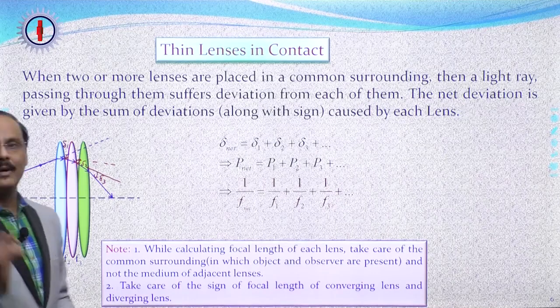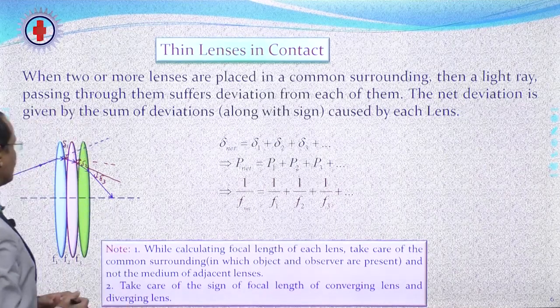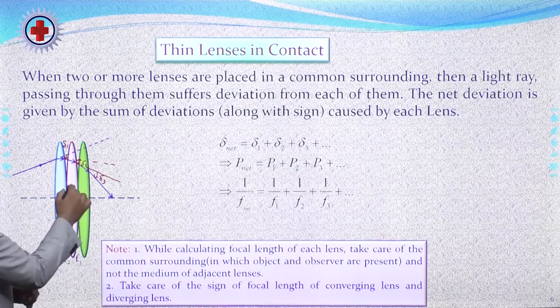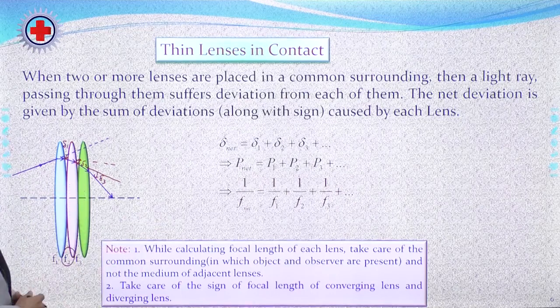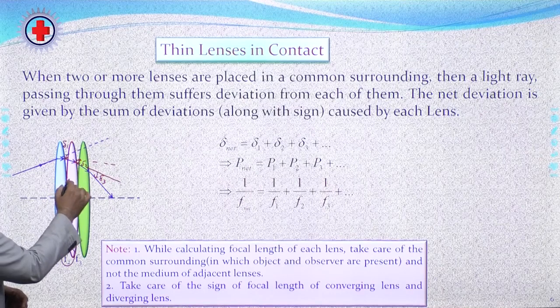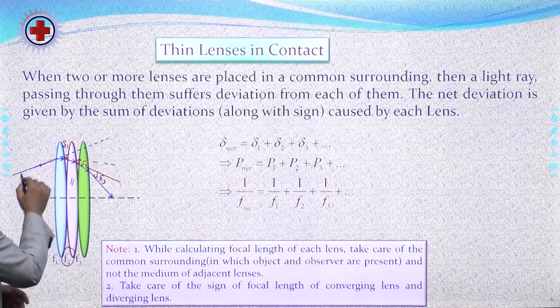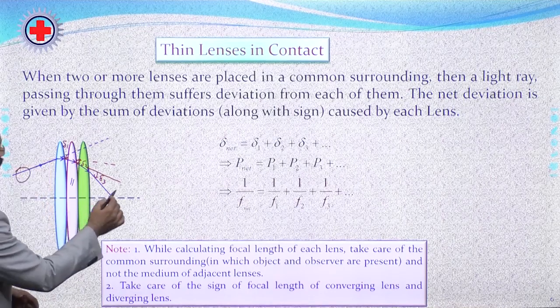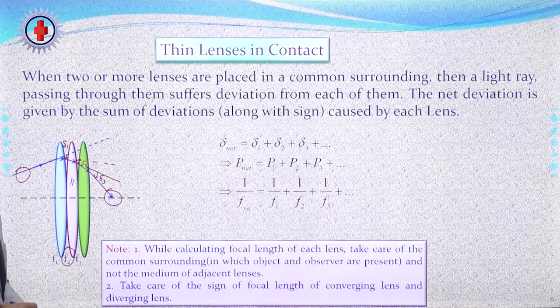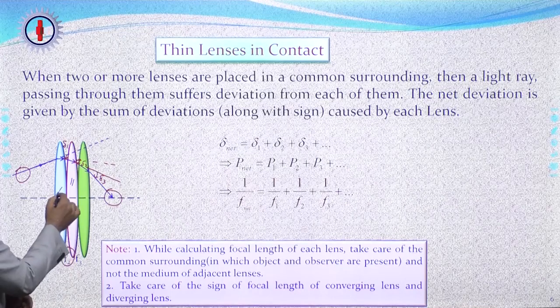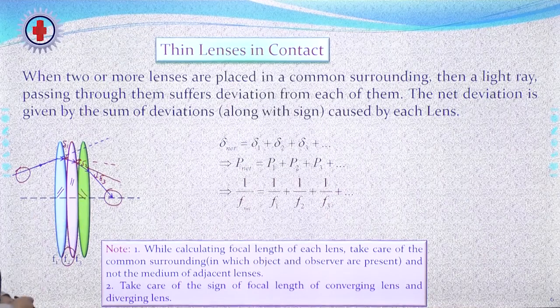Here you need to remember one more thing: whenever you calculate the focal length of a particular lens, the surrounding which you will be taking is the surrounding from which light is coming or to which light is finally going. You will not be considering the refractive index of adjacent lenses.